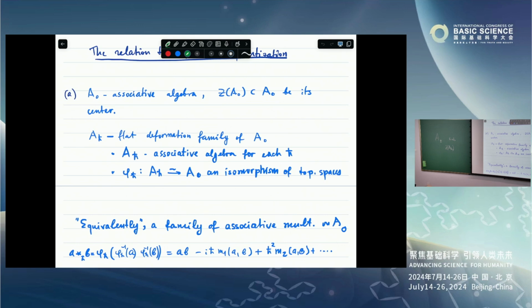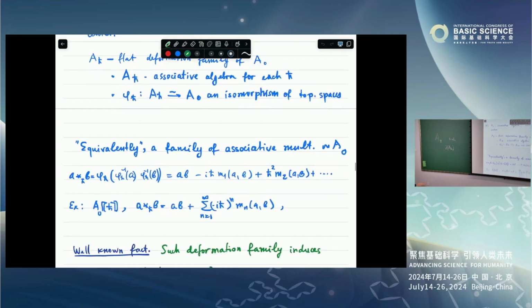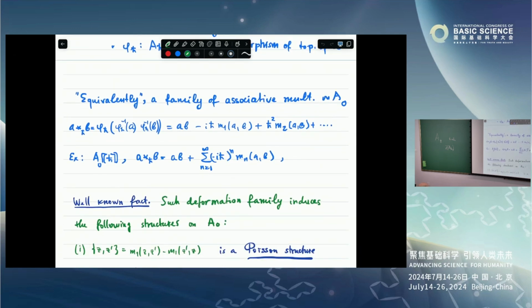What exactly it means is a long story, and it's much easier to work over formal power series. To say it honestly, we need to specify what the isomorphism of topological spaces means, and which topology. So we have a family of associative multiplications on A0, and this family is the following.